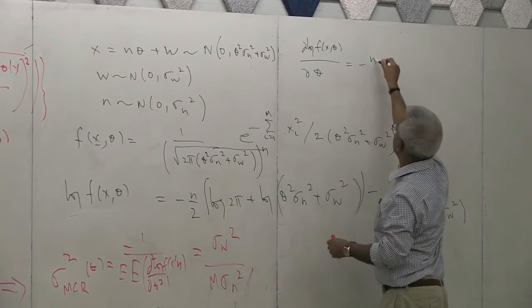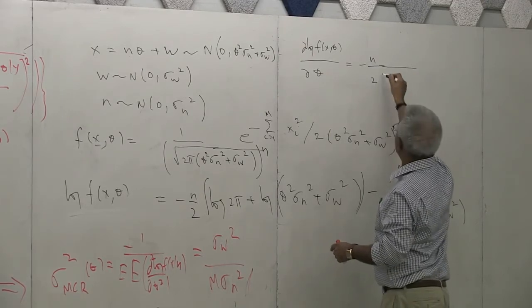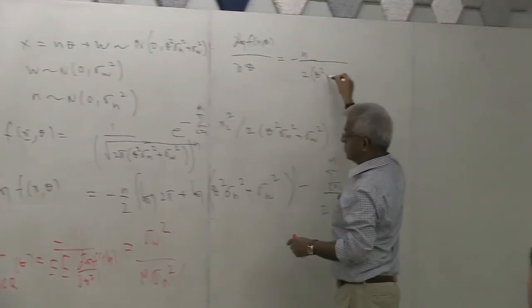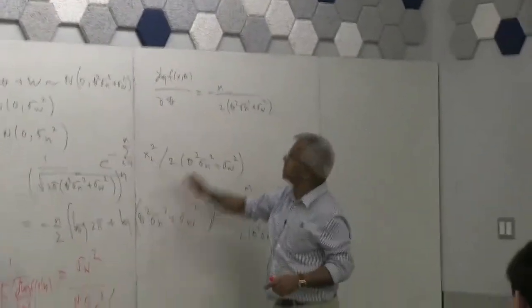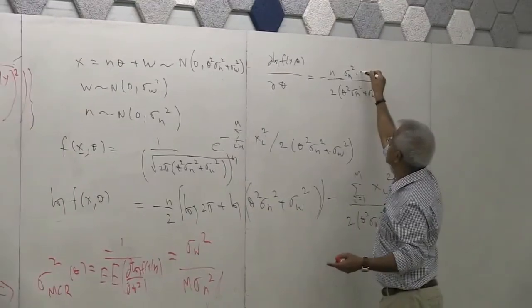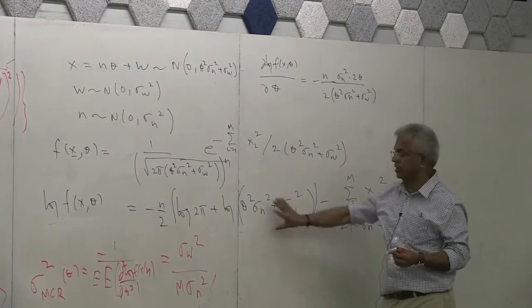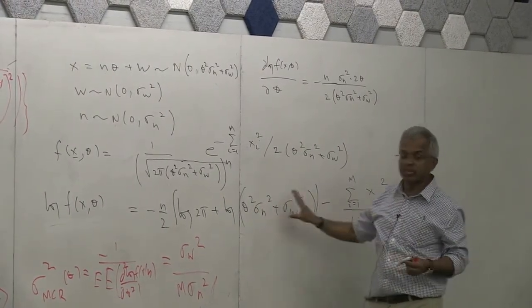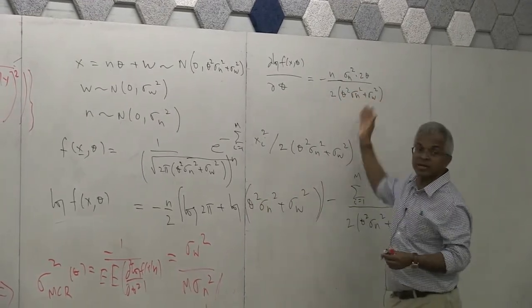So minus n by 2, then theta squared sigma n squared plus sigma w squared. Then the derivative of this with respect to theta: sigma n squared 2 theta, isn't it? Take the derivative of this. The derivative of log of something is 1 over that, right?